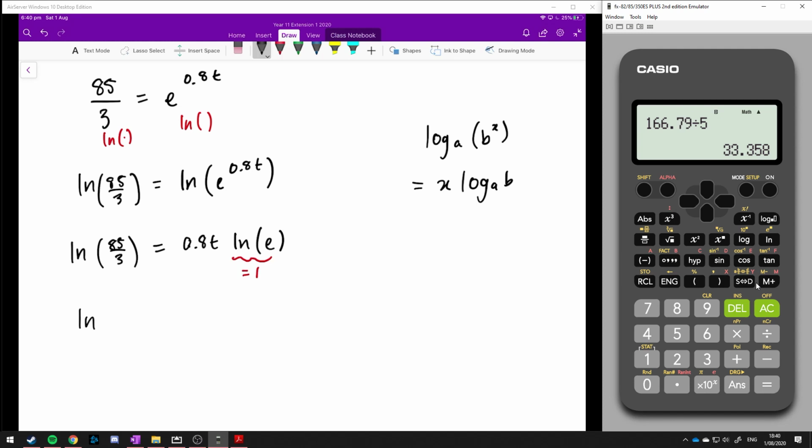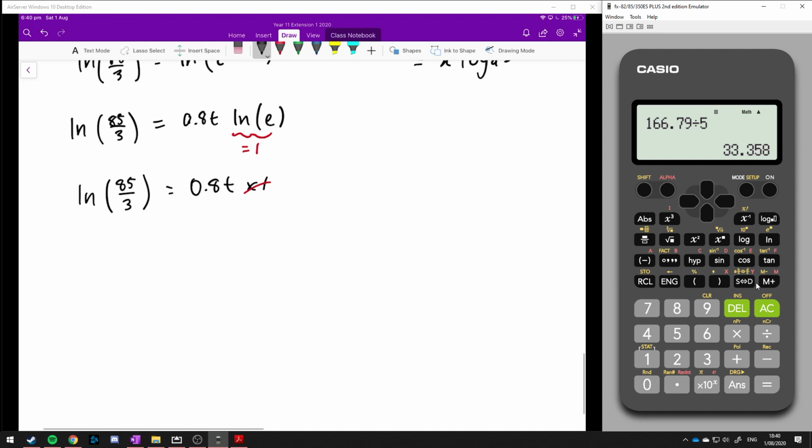So log of 85 on 3 is equal to 0.8t times 1. That just disappears and we're left with 0.8t. Then to get t by itself, we're going to divide both sides by 0.8, not 3. And that is going to give us our t value.